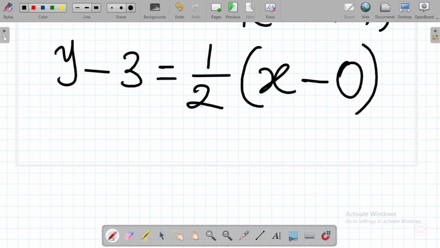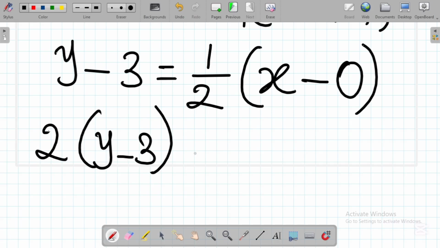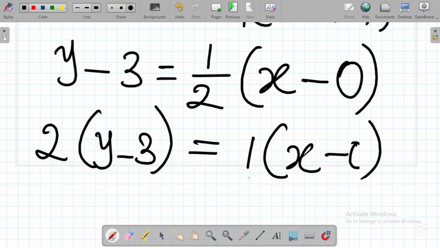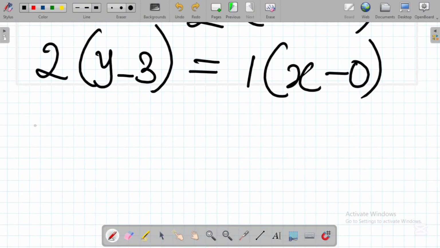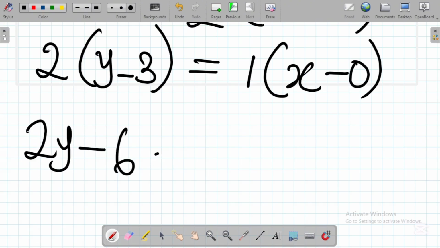So now let's cross multiply. 2 will multiply what we have in the left hand side, and 1 will multiply what we have in the bracket. So here we have 2 open bracket y minus 3 close bracket is equal to 1 open bracket x minus 0 close bracket. 2 multiply y is 2y, minus 2 multiplied by negative 3 is negative 6, equal to 1 multiplied by x is x, and then 1 multiplied by 0 is 0.